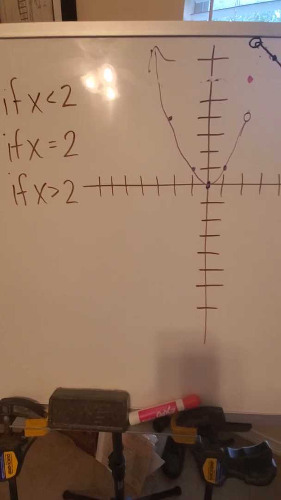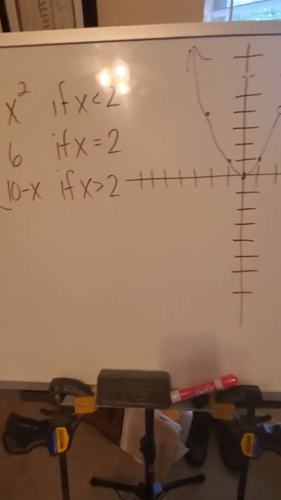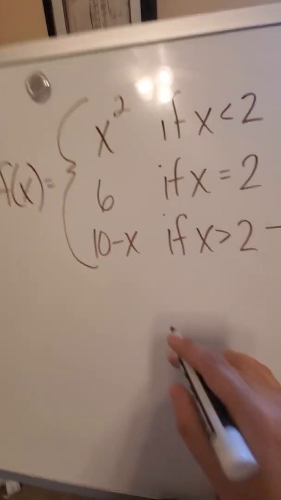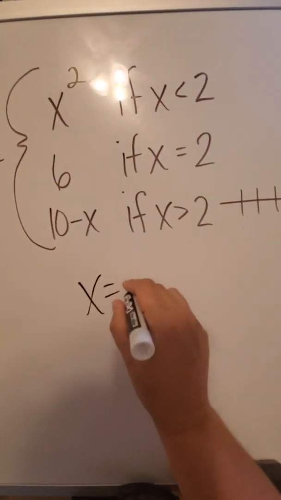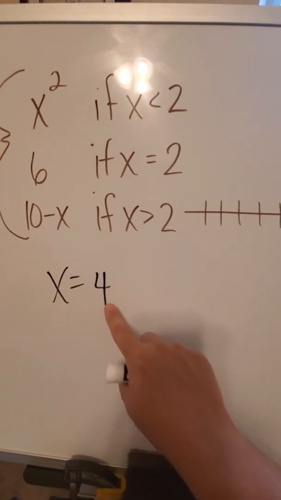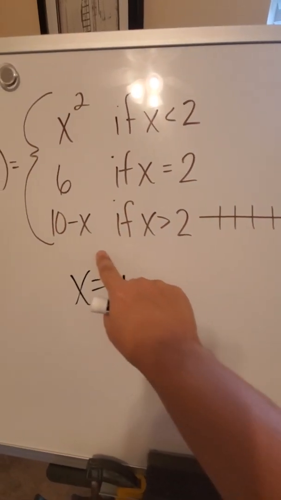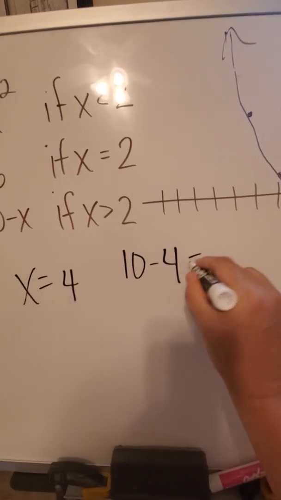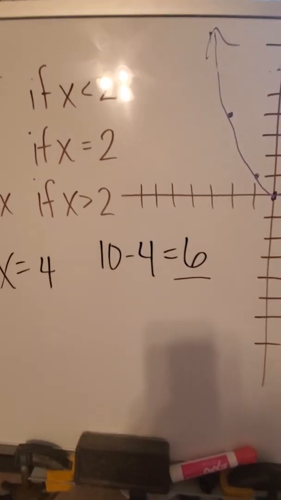Now, if you're wanting to plug in values, let's say they say evaluate this piecewise function when x equals 4. Well, 4 is greater than 2, so I'd put 4 here, and I'd say 10 minus 4 equals 6. That would be my answer.